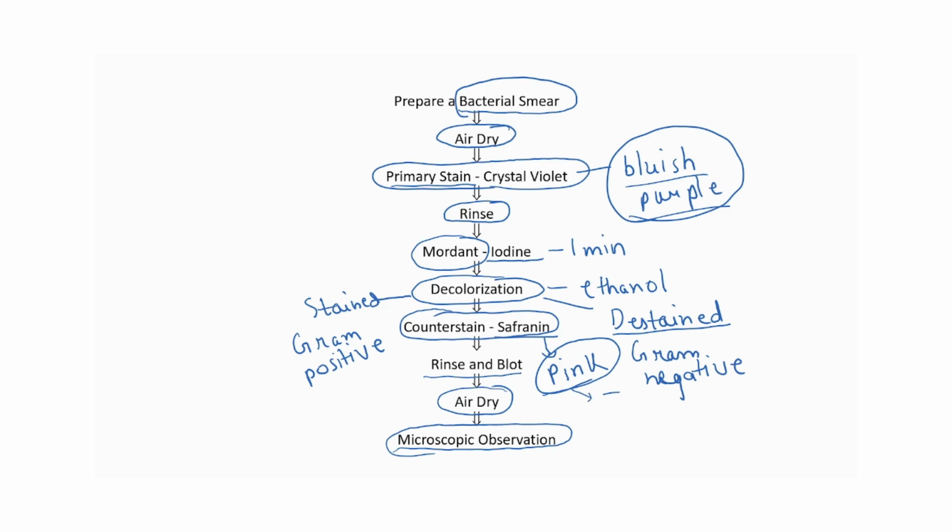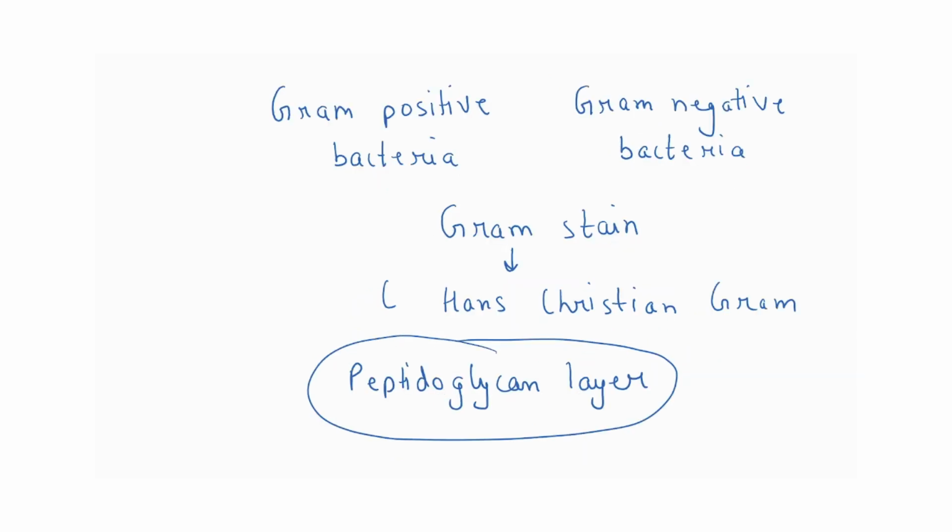So this is all about the staining technique. Why do the gram-positive bacteria retain crystal violet? Because they have a thick peptidoglycan layer.